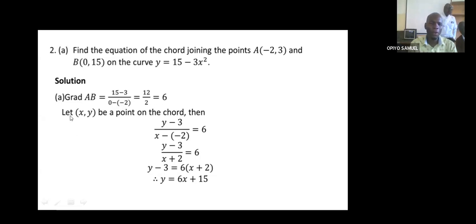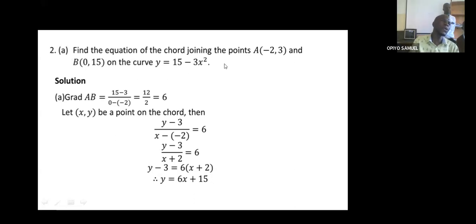Now for a general point x, y on the chord, we can still get the gradient, which is y minus 3 over x minus -2 equal to 6. We already know the value of the gradient. So when we rearrange this, we get the equation of the line or the chord to be y equals 6x plus 15.